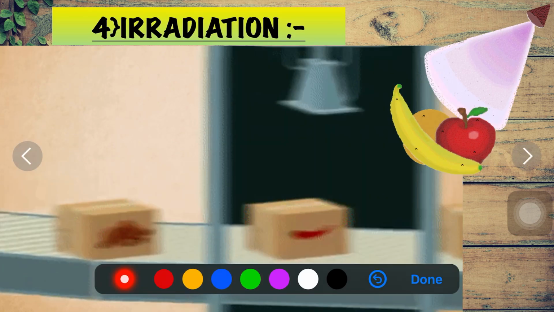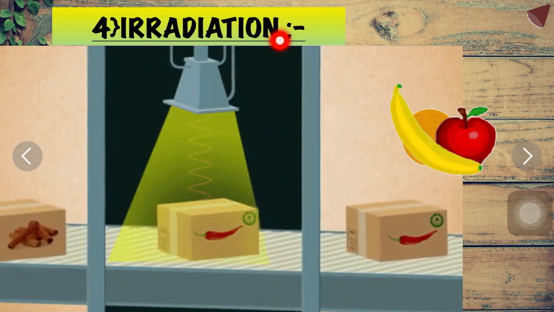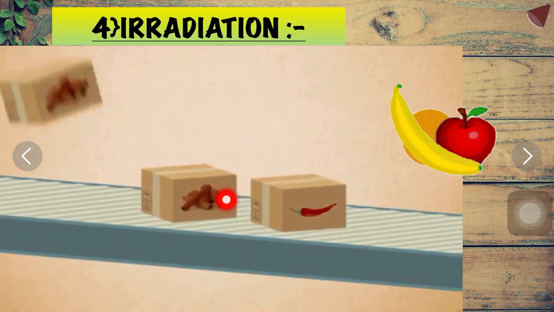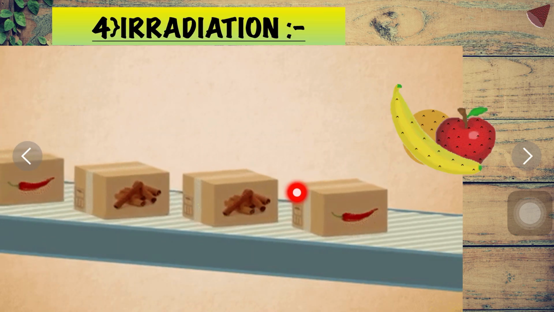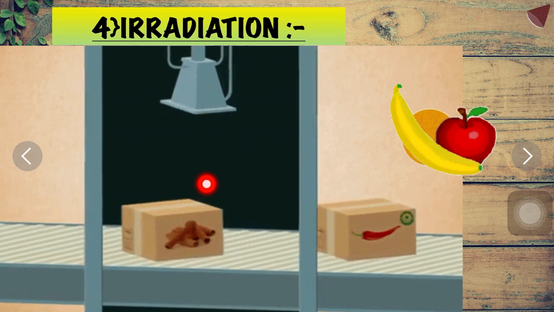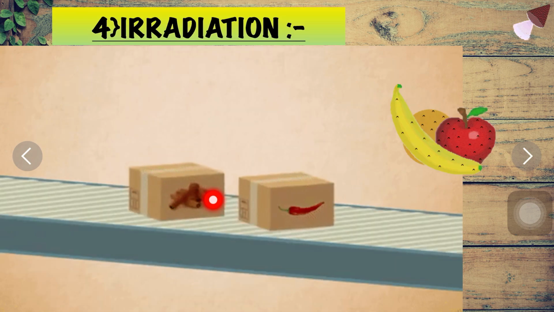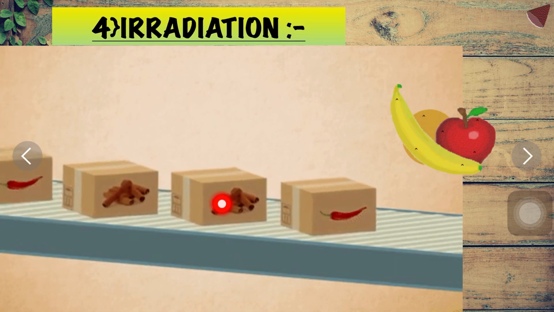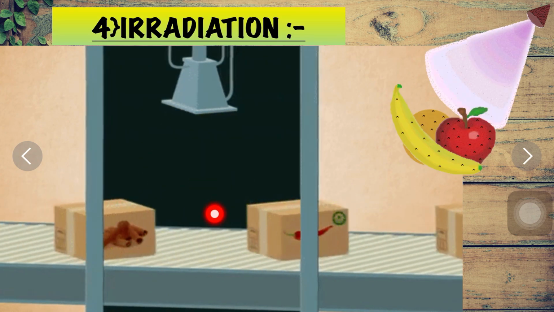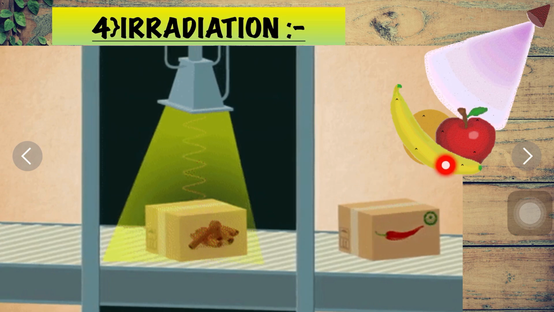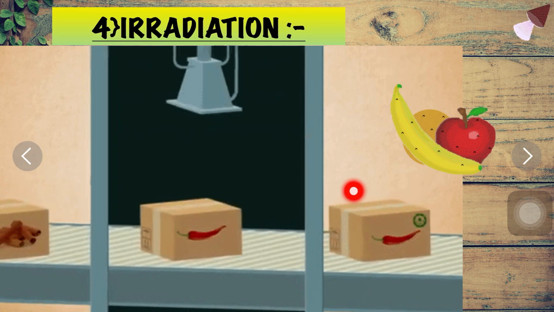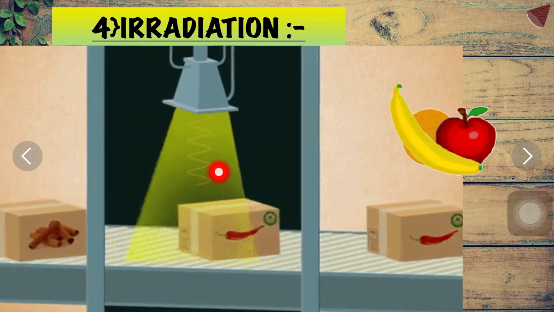Next method is irradiation. Student, in this method, food is exposed to ionizing radiations such as high energy electrons emitted by accelerators, X-rays, gamma rays emitted by radioactive isotopes, etc. During this process, microbes, insects, etc. are destroyed. The shelf life of fruits increases due to an increase in the ripening period.